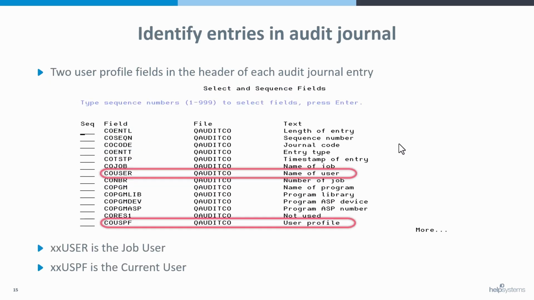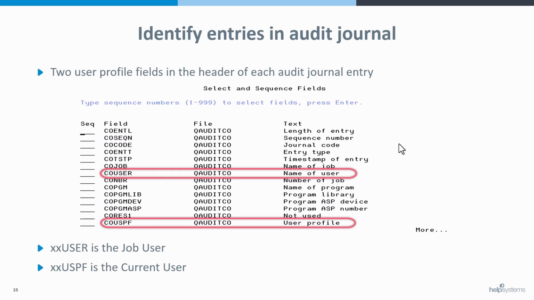When we look in the audit journal to identify what user profile actually executed and made the request, was running the process, there's multiple fields we're going to want to examine. So for this example, I use the create entries in the audit journal. So the CO user is the job user.